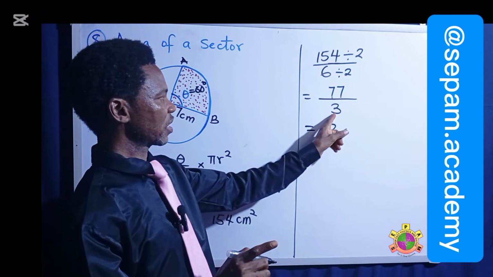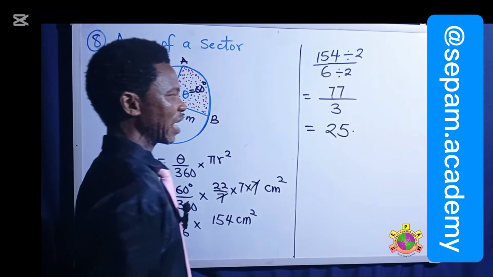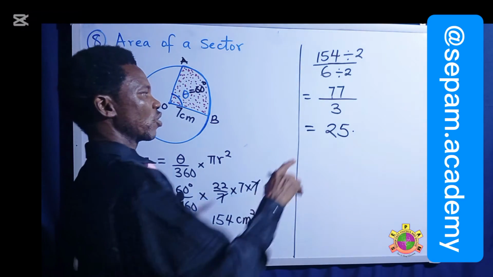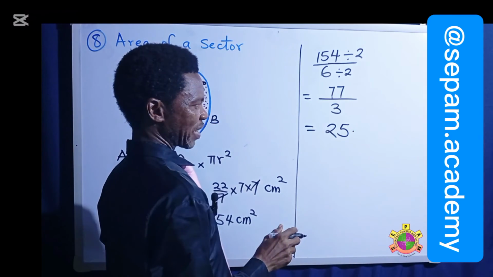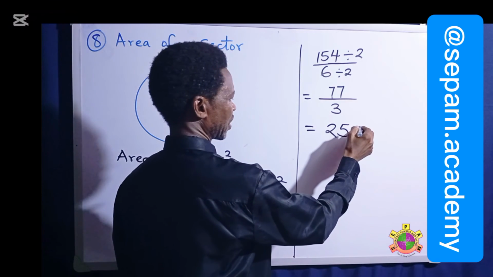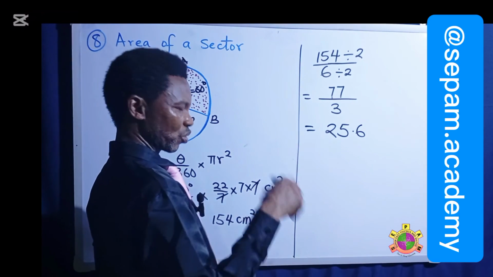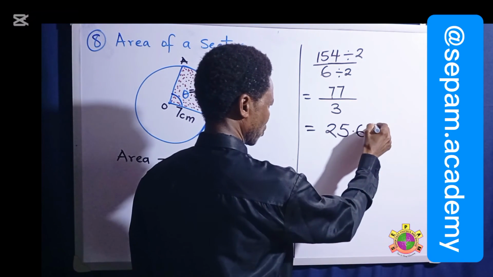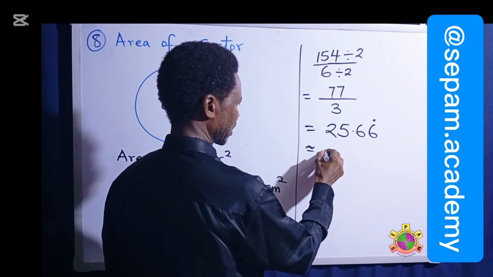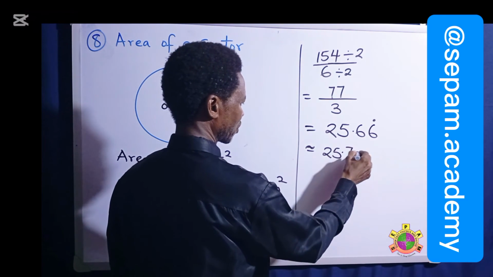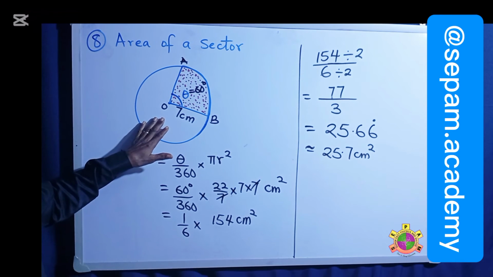Then 3 goes into 17 five times, remainder 2. So that 2 adds 0, that gives me 20. 3 going into 20 gives 6, remainder 2, and it continues. So it's going to be that decimal, which is approximately 25.7 cm squared. So this is the area of the sector.